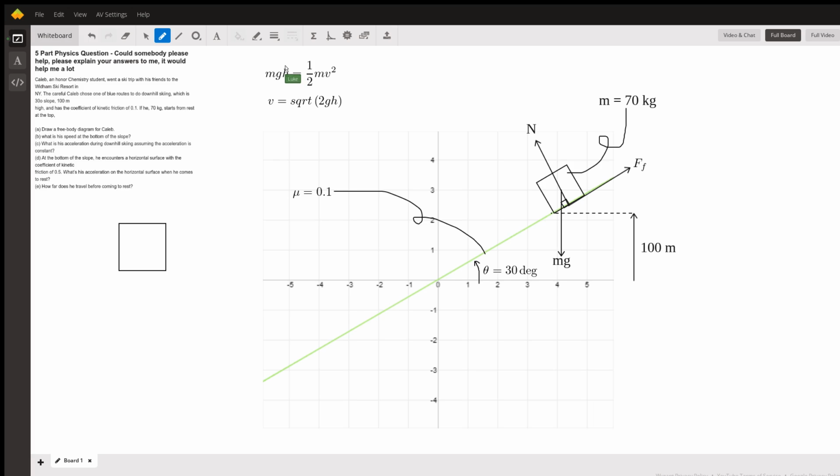Instead, I look at pictures more like this, where you redraw it and your normal force is still perpendicular, your friction is still parallel, and now gravity in the picture acts at an angle, but in the real world still acts straight down. But now the angle in between here is that same 30 degrees that was over here.